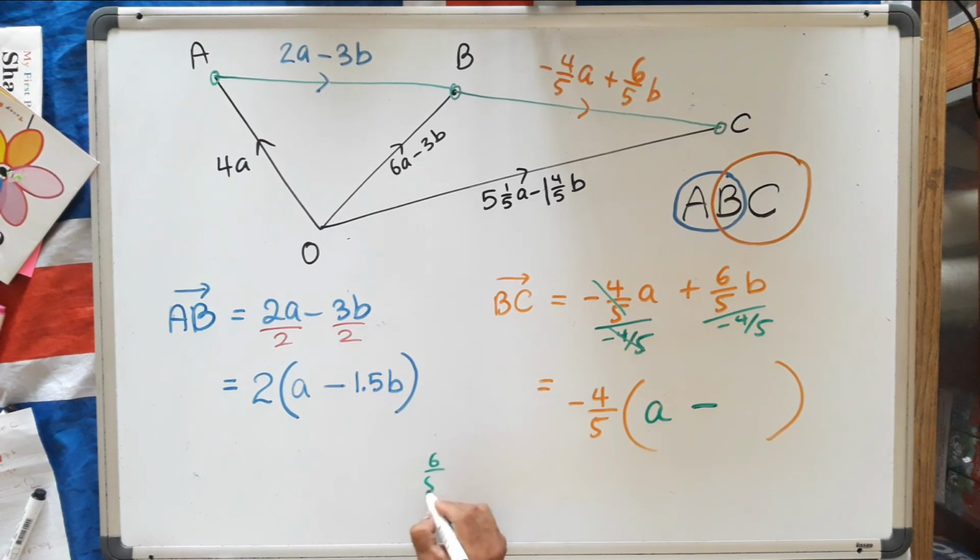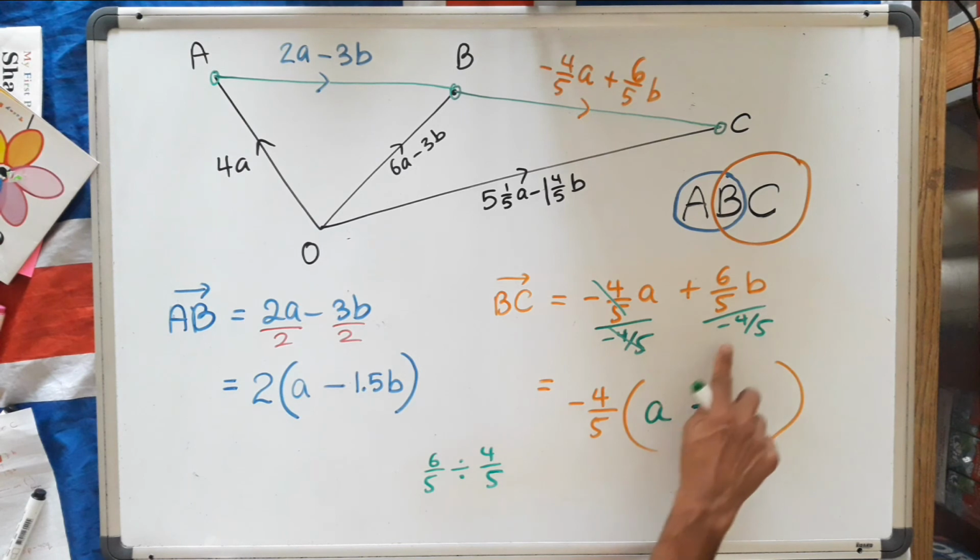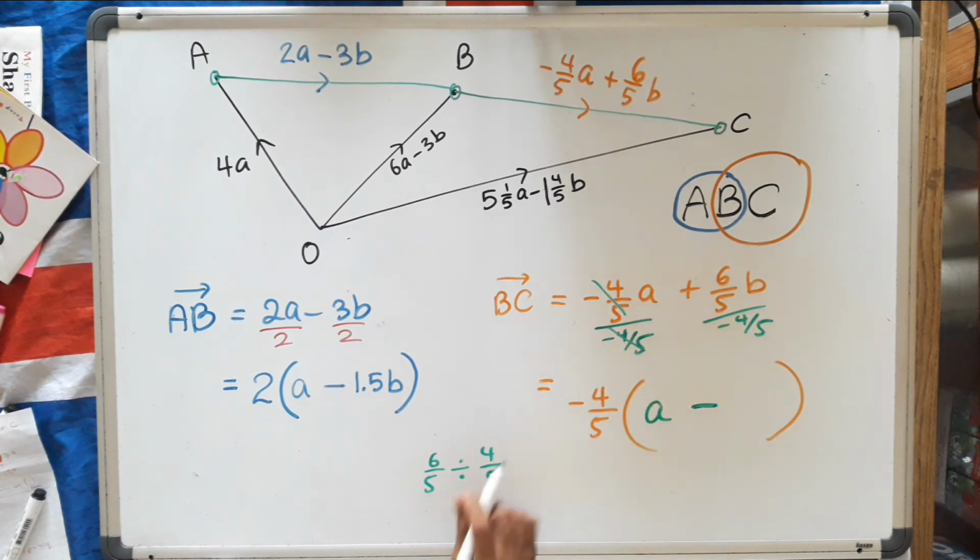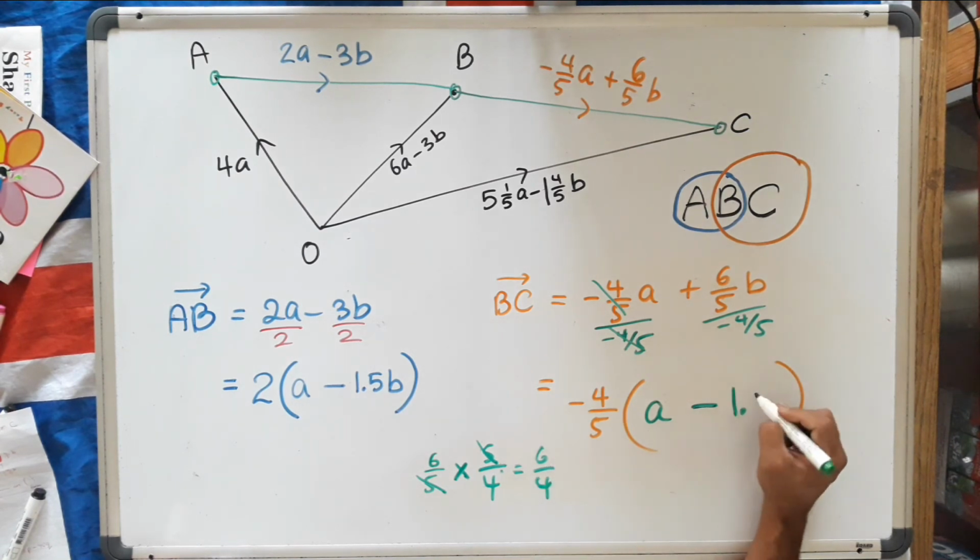Take the 6/5 and divide it by the 4/5. Remember, I already took care of the signs. The divide changes to a multiply, and you flip the 5 on 4. 5 and the 5 will cancel out to give you 6 on 4. 6 divided by 4 is minus, well, 1.5, and don't forget to put back the B.